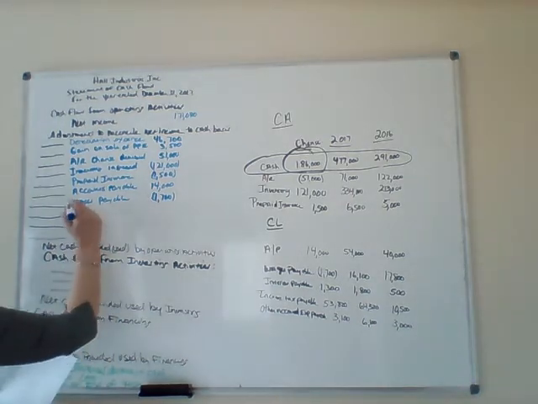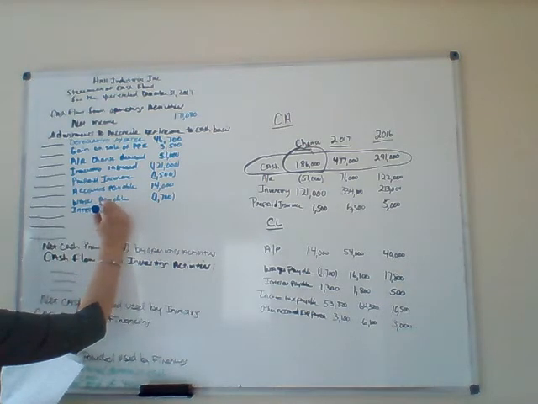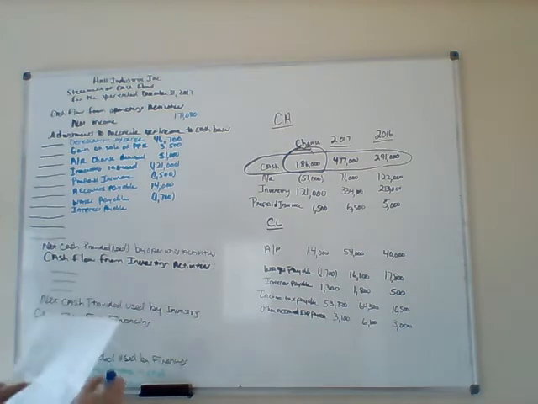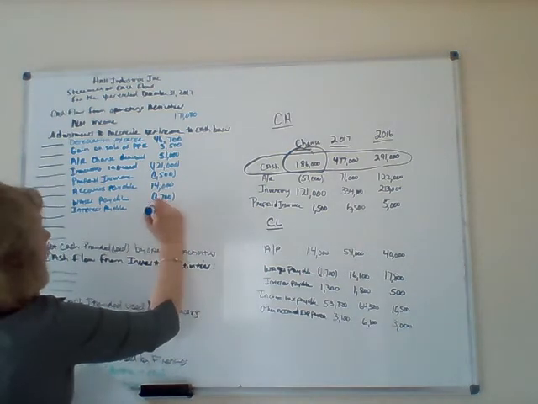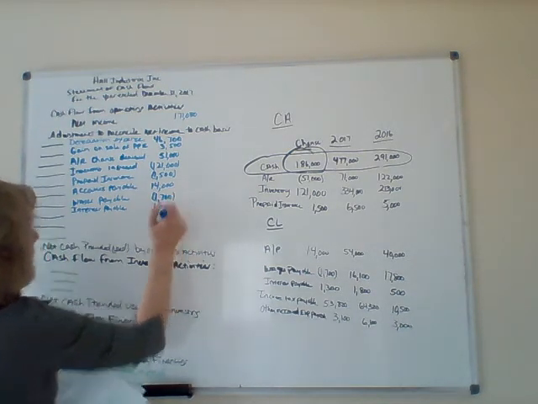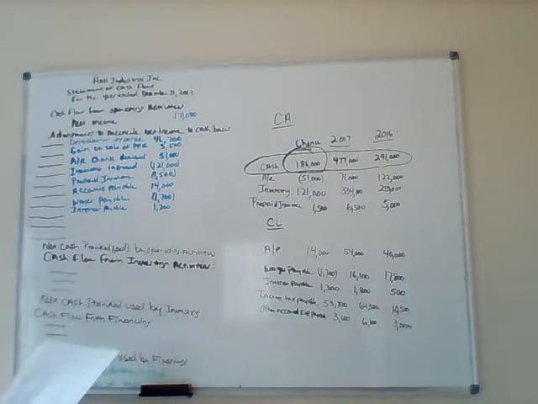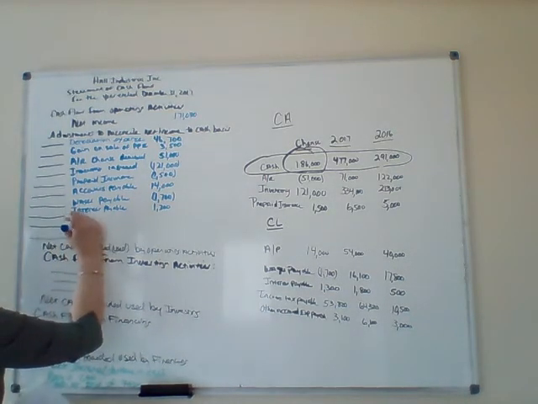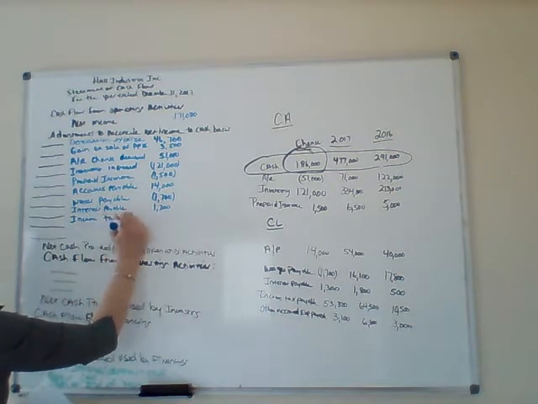Then I've got interest payable. I've got to be careful with how I'm writing. Got to write small. Interest payable, that's 1,300. It's logical. Then I've got income tax payable. Work right from your notes.